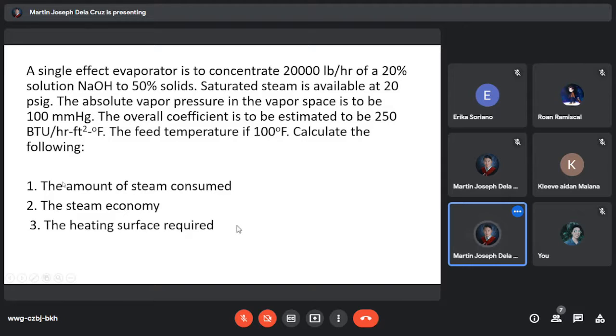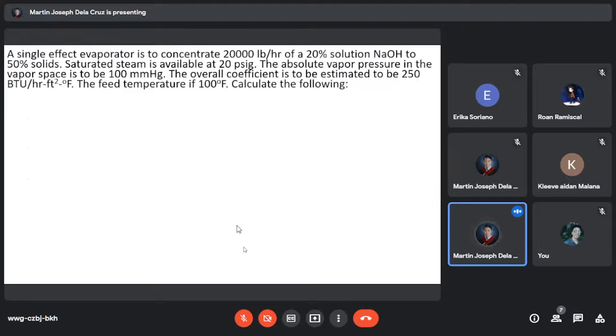Calculate the following. The amount of steam consumed. So this is our S. And then steam economy E. And then your area. So parang kanina lang din. SEA. Okay? So parang yung first problem natin. Yung tatlo lang din yung hinahanap. So let's try to analyze the problem.